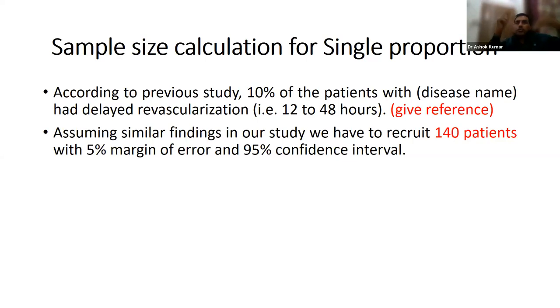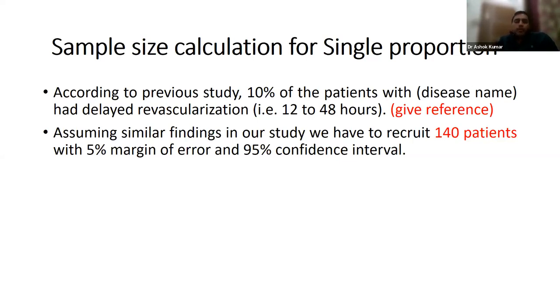So what is 10% plus minus 5%? That is a margin of error of 5%. If we subtract 10 minus 5, it comes to 5. And if we add 10 plus 5, it comes to 15. So in our study, it may range from 5 to 15%. So this is the meaning of margin of error.